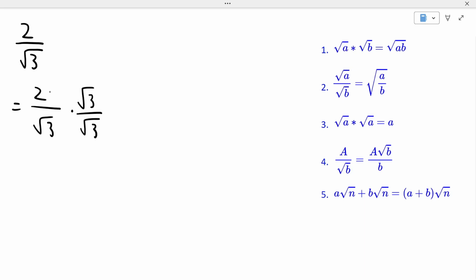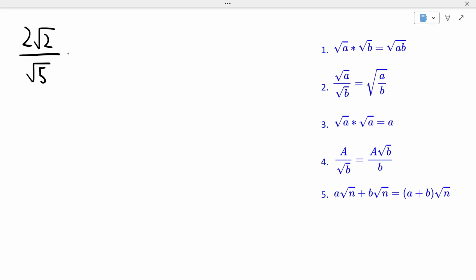And we can simplify this because 2 times the square root of 3 in the numerator is just 2 square root of 3. And square root of 3 times square root of 3 in the denominator is equal to 3. And this expression is now simplified because we don't have any square roots in the denominator. And this is our final answer.